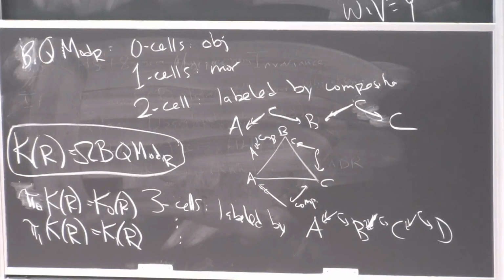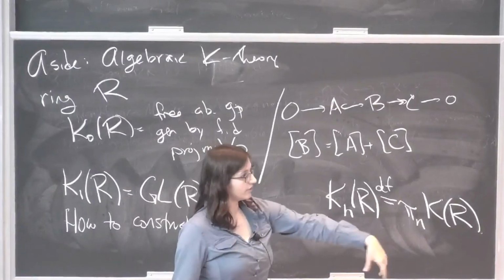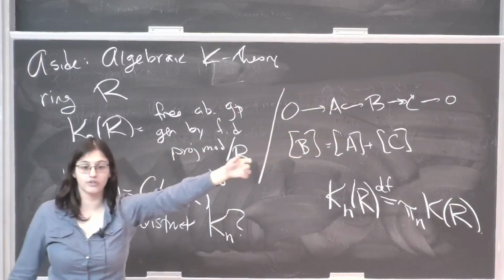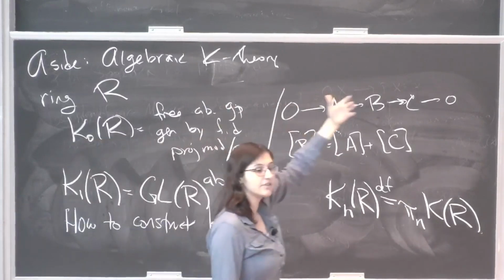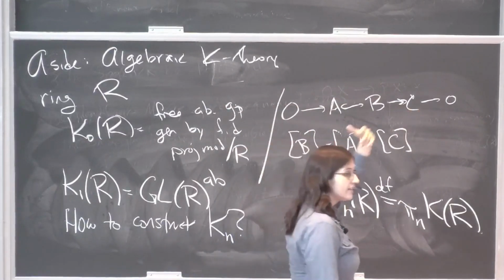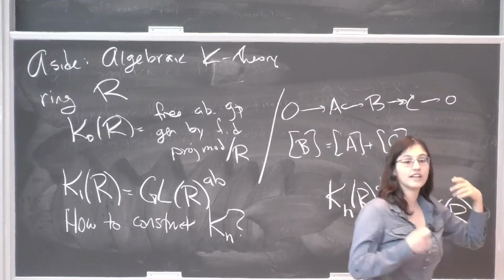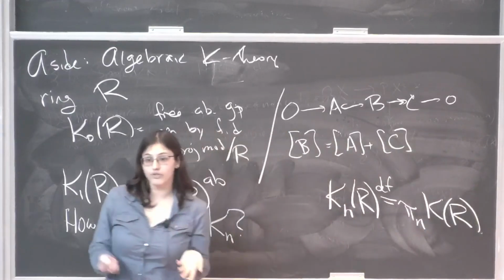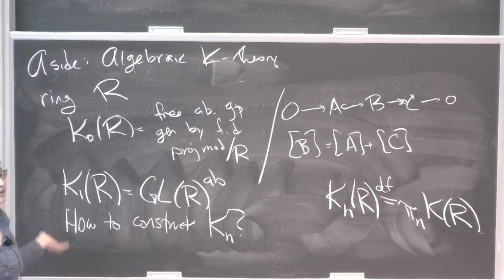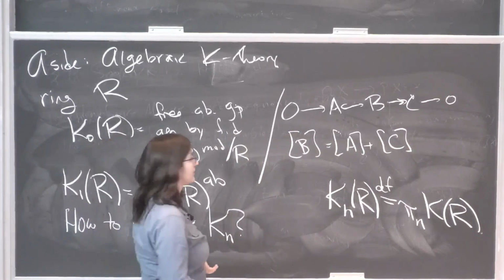A developed picture for how to do this for rings, and a well-developed literature saying this is a useful thing to do. And what we want to do is translate the lower boards to the upper boards. We want to be able to say the same things for varieties in the same way in order to get a similar space that will encode this kind of information. And then we want to extract useful information from that space.